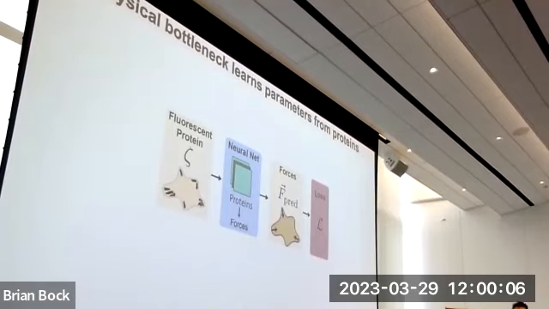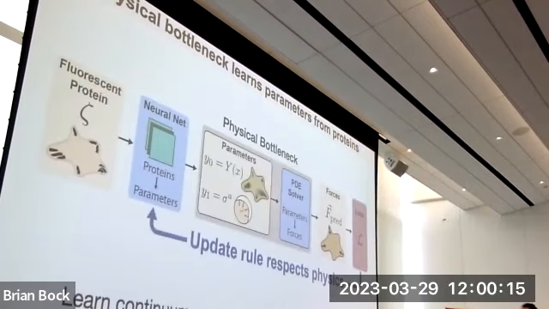So what we're going to do is tweak our normal architecture a little bit, which starts with fluorescent images of protein and produces forces. We're going to stick in between what we call a physical bottleneck. We're going to ask the neural net to predict the parameters of this model, and then use a PDE solver to predict the forces.